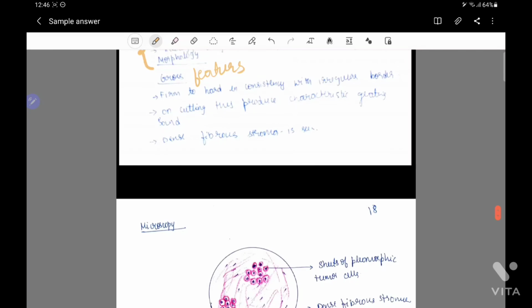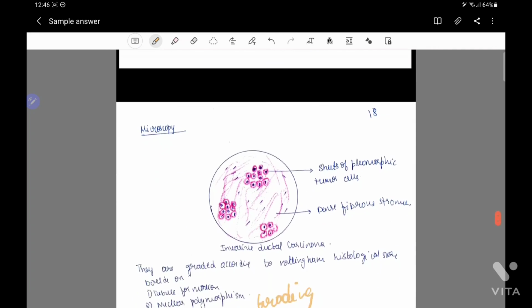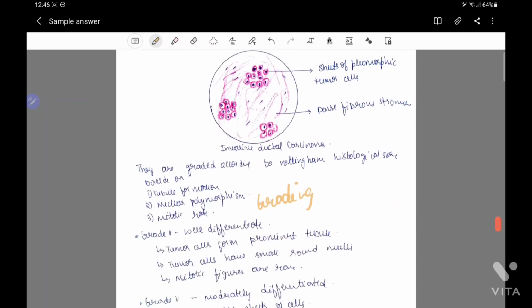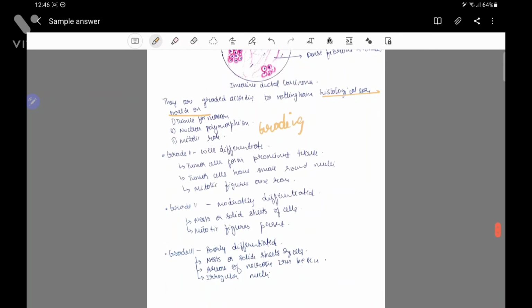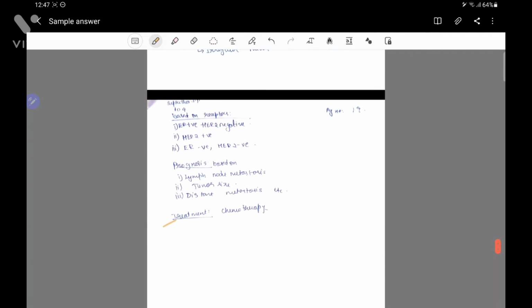Then the next subheading I have given is gross features, microscopy, and then based on the histology how you divide it, then I have graded, and in the end I would have given the treatment or the conclusion.